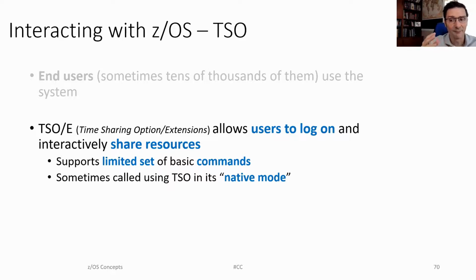What TSO does is create a unique work area, which we're going to know by the term address space, for each user on the system to be able to access data sets, manage the operating system, and run applications, for example.